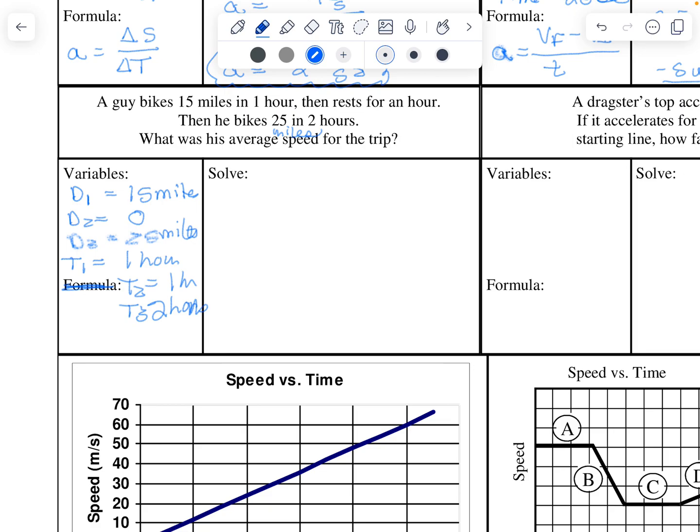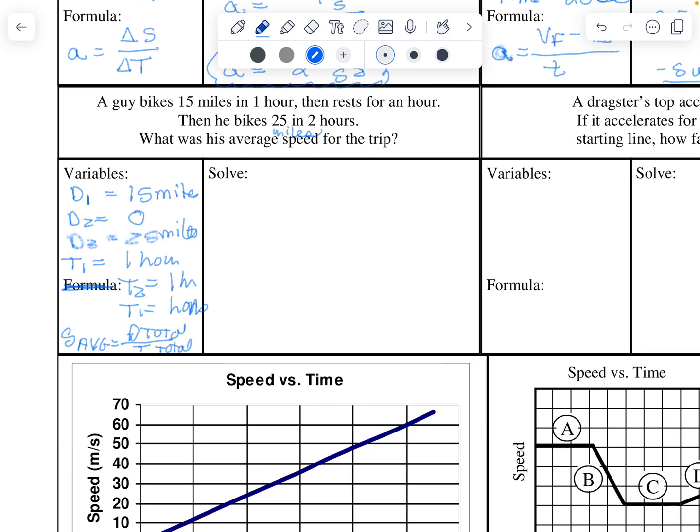So for our average speed, we're going to take our distance total divided by our time total. D total divided by T total.